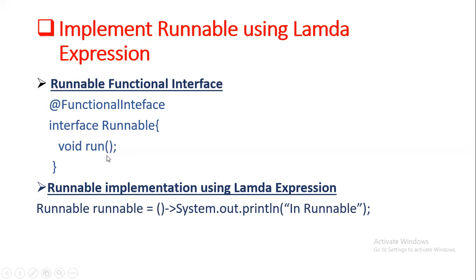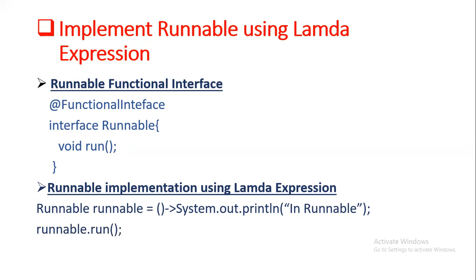That's why we take only the parenthesis and the Lambda expression symbol, and System.out.println. This Lambda expression is pointing to the Runnable functional interface. After writing it, we need to invoke the run method, so we call runnable.run. That's it.